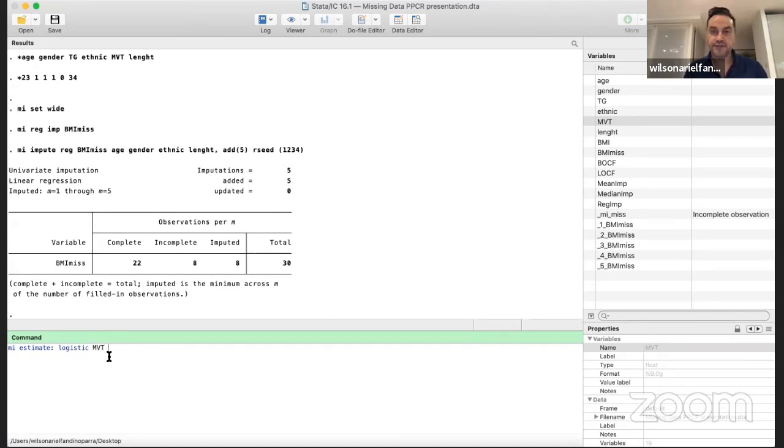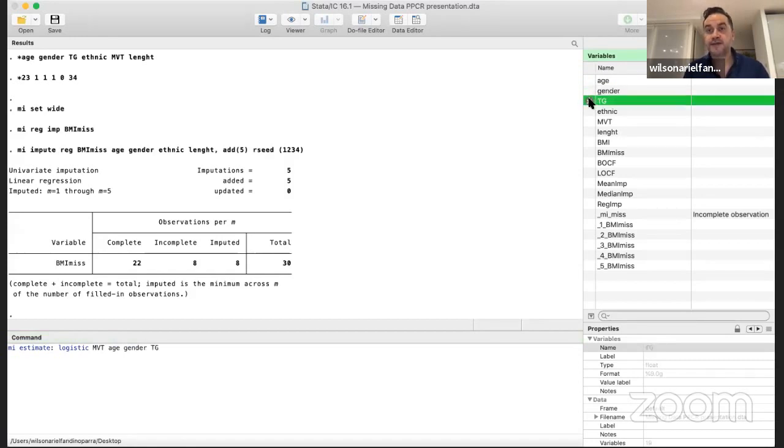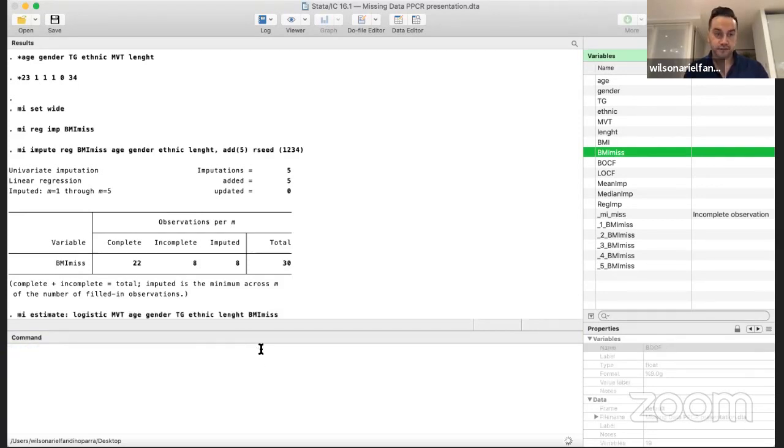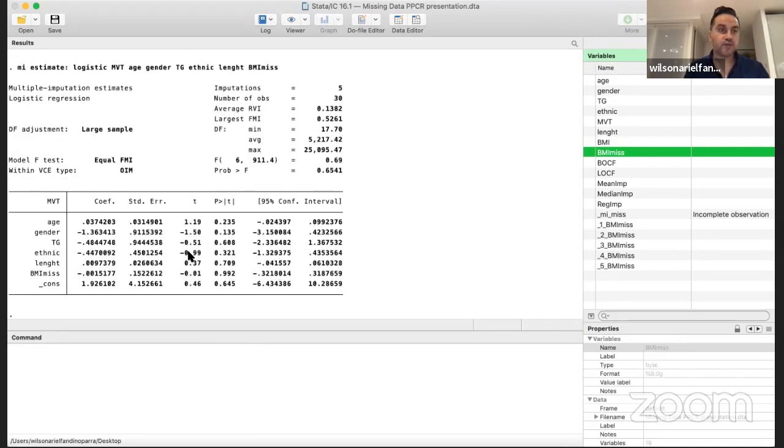And then I'm going to include my age, my gender, obviously my treatment group, my ethnicity, the length of the operation in minutes, and then the variable I just generated for the multiple imputation. So this is the way you have to construct your logistic regression model, including the BMI miss.